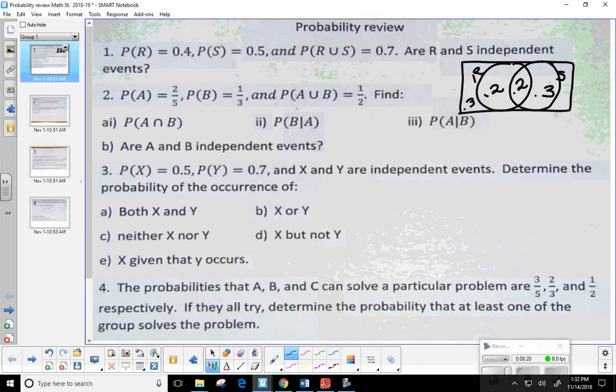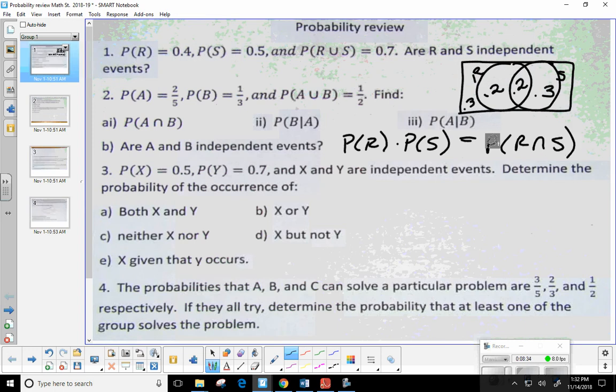And this is what Spencer was saying a moment ago. If the 2 events are indeed independent, I should be able to take the probability of one times the probability of the other one, and that would give me the probability of the intersection. But this only applies if they are independent. Well, let's see here. 0.4 times 0.5, what would that give me?